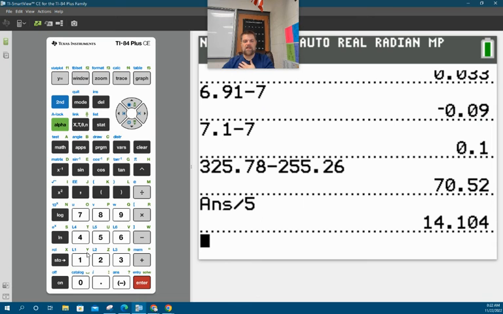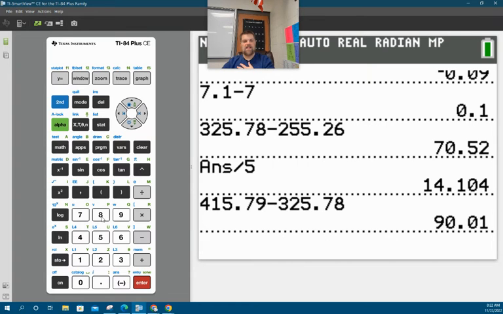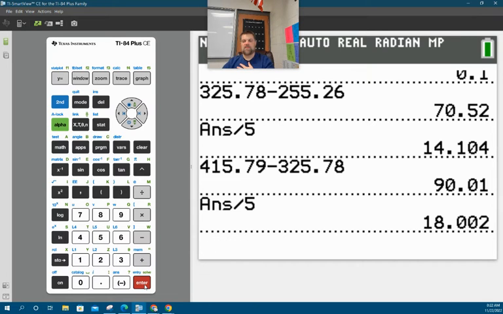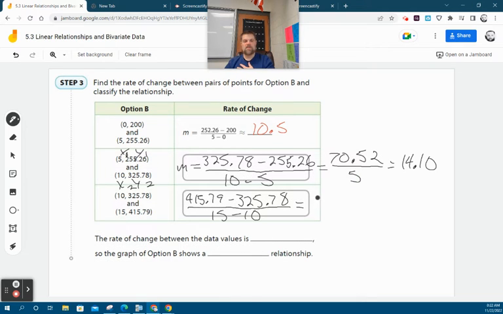I'm going to say 415.79 minus 325.78. Hit enter. 90.1, and then we divide that by 5, and I get 18.02.